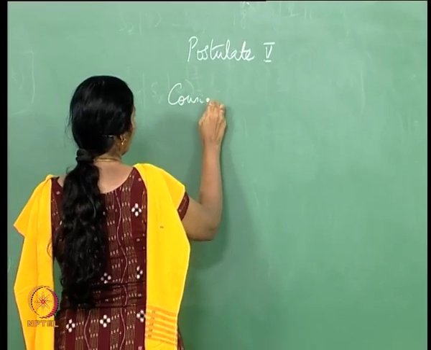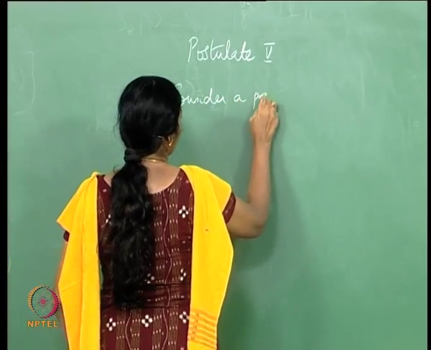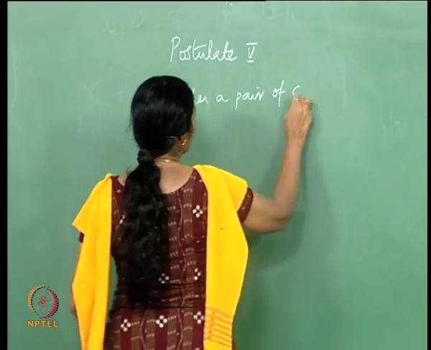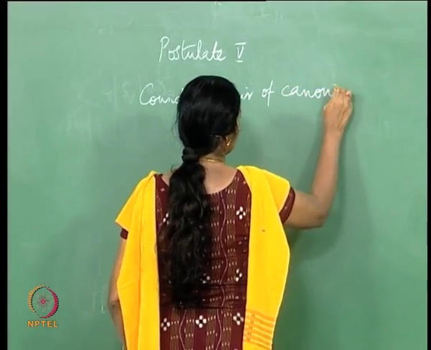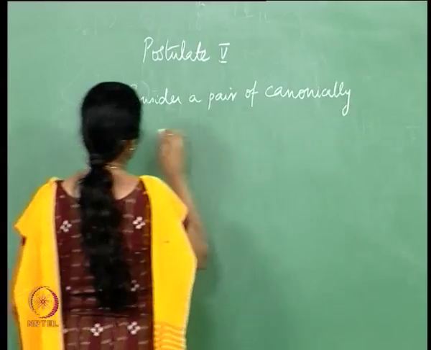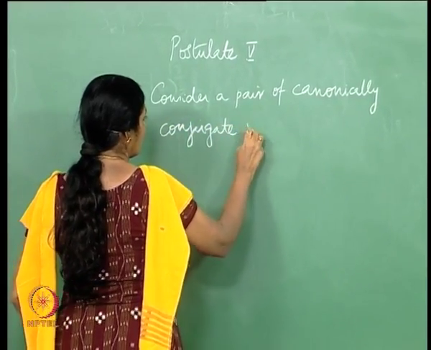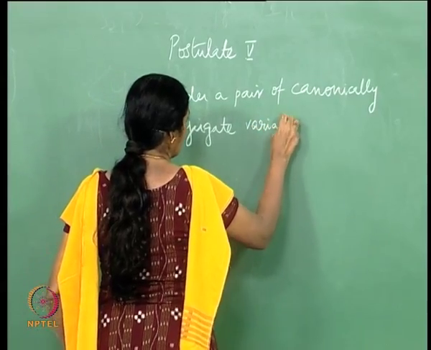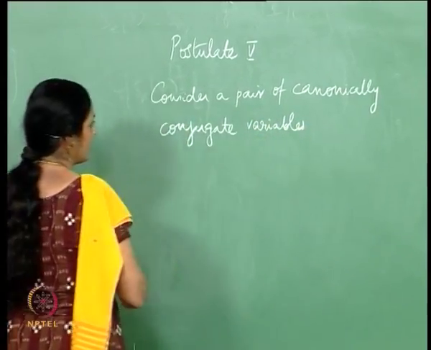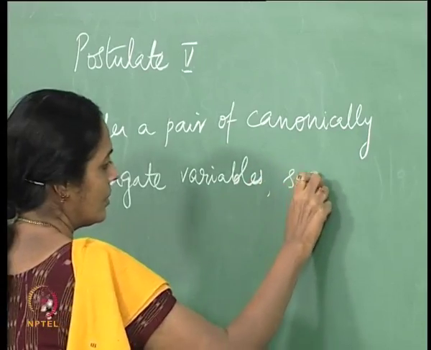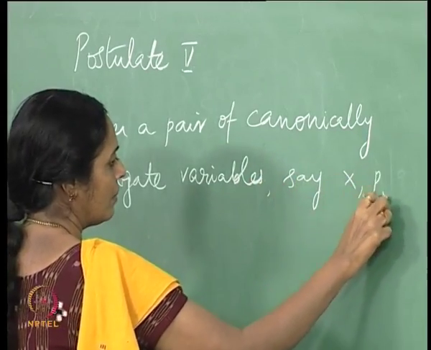Consider a pair of canonically conjugate variables, say x, px.